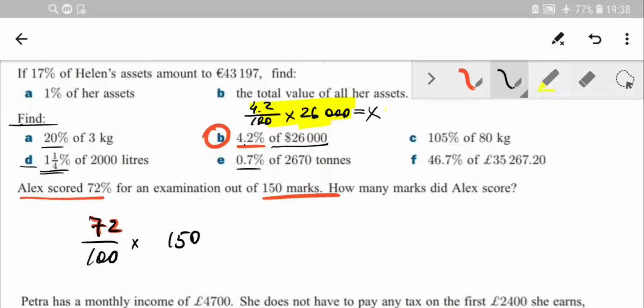That allows me to find exactly how many marks Alex got. Calculator, it will be faster. 72 over 100 times 150. Okay, so what I will get is 108 marks.